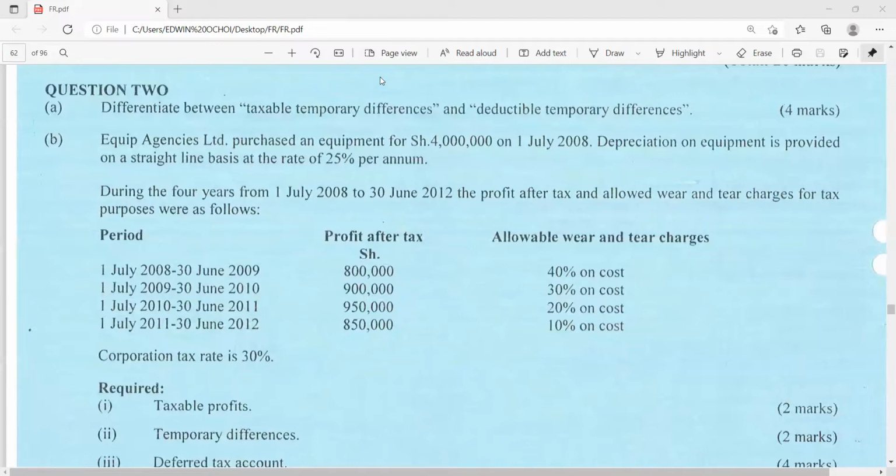Or you can be told to justify why the balance sheet liability method is recommended, unlike the income statement liability method. So those are some of the theory you can expect. Or you can be told to explain temporary difference or permanent difference.